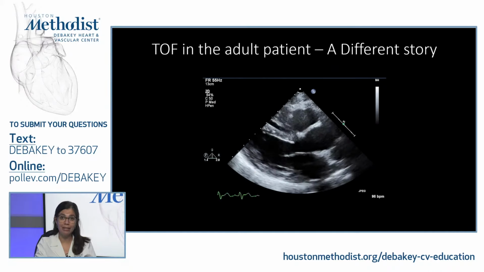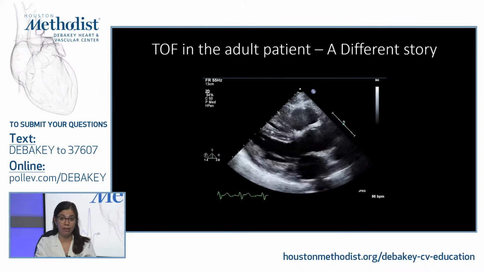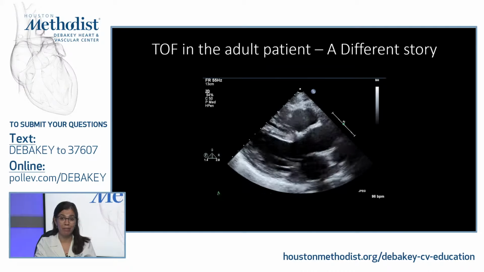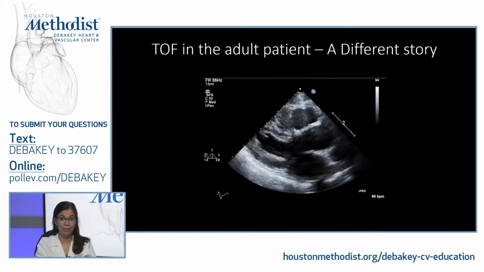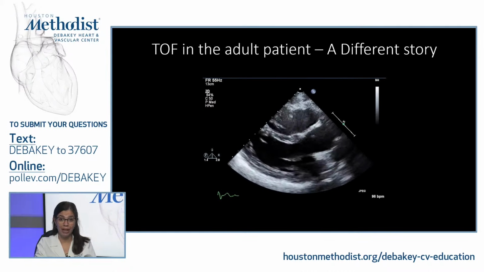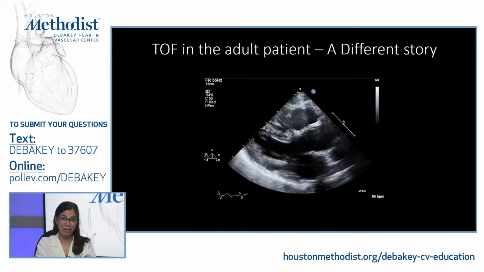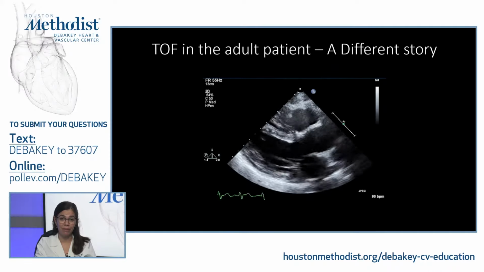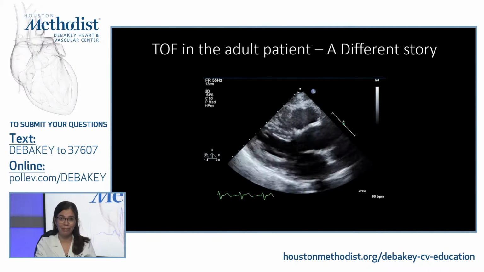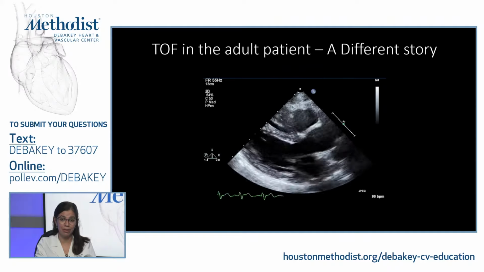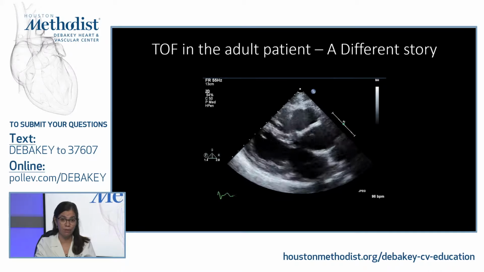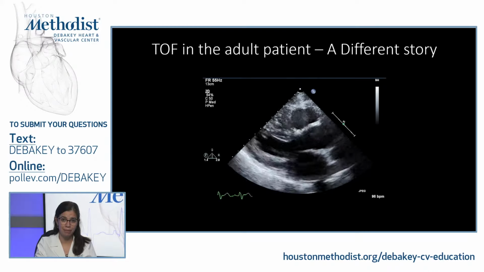On the other hand, these patients are bigger, their BSA is higher, so the images can be more challenging than in a newborn. The windows may not be as adequate as they were when they were kids. That's one of the challenges we encounter, and we need to do our best to provide a diagnostic study. It is possible, but also a lot of times we need to complement with cross-sectional imaging.